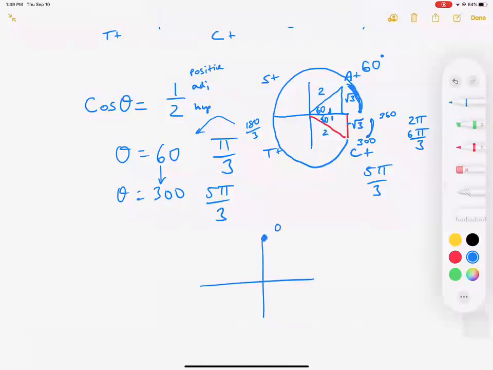When cosine is 0 and sine is 1, that's 90 degrees.